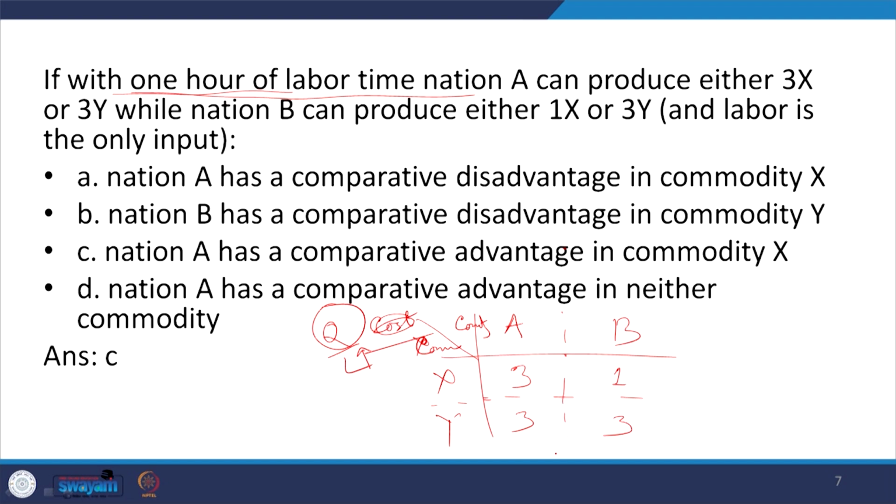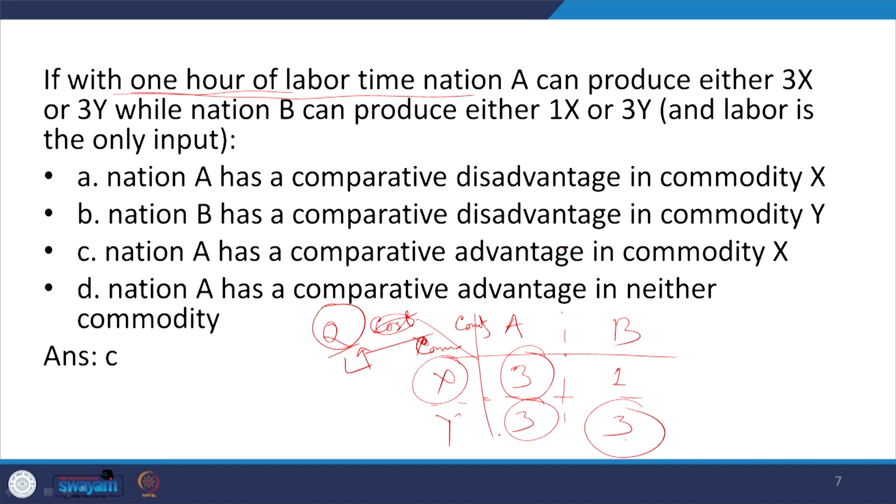Now, simply look at X and Y. There are two commodities produced and these are the productivities. For X, country A at maximum can produce 3 units as against country B. So, in absolute sense country A has a huge advantage, whereas for commodity Y both countries have equal advantage.